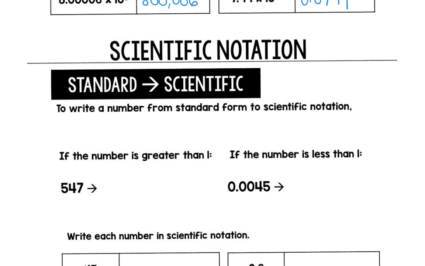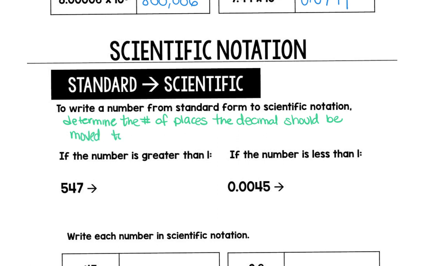To write a number from standard form to scientific notation, we need to determine the number of places the decimal should be moved to create a number that is, remember this A value from the first part of this video, greater than or equal to 1 but less than 10.